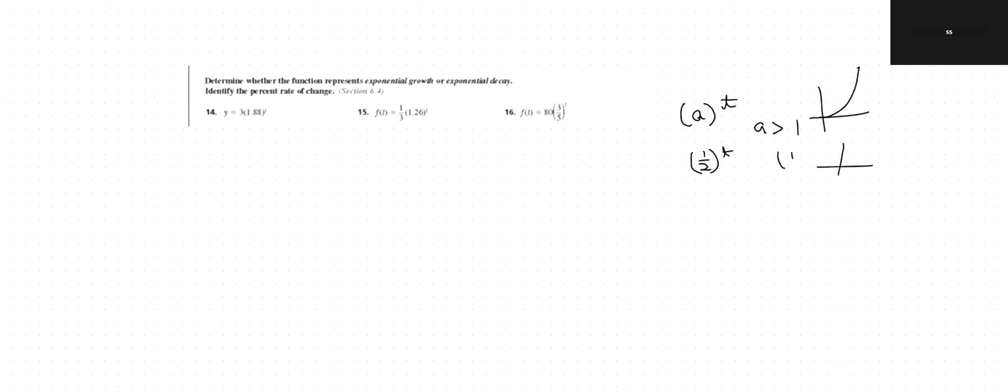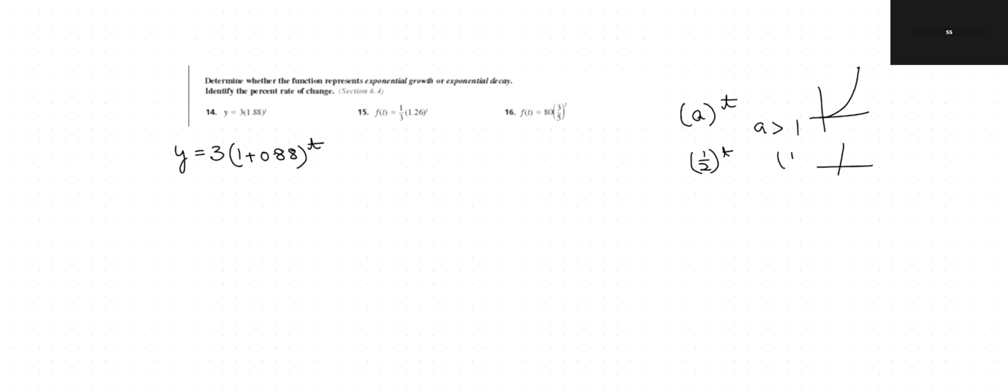I'll show you here. So this is like y is equal to 3 times (1 plus 0.88) to the power t. We'll write like this. So we see that it is increasing.